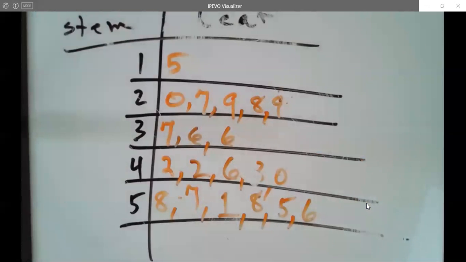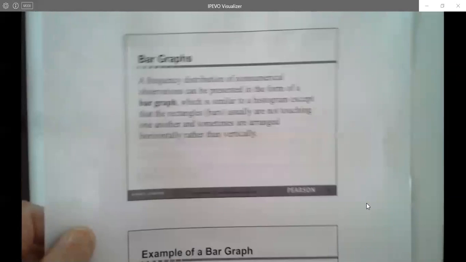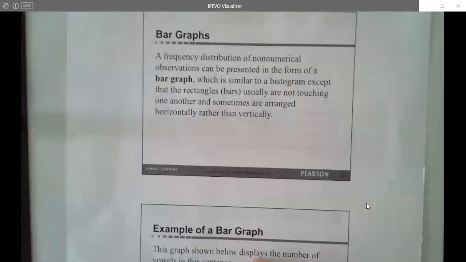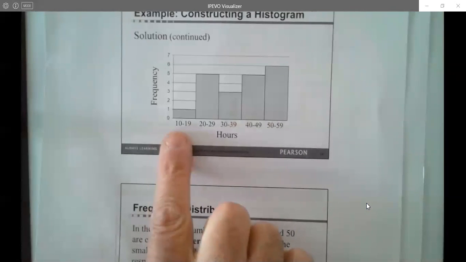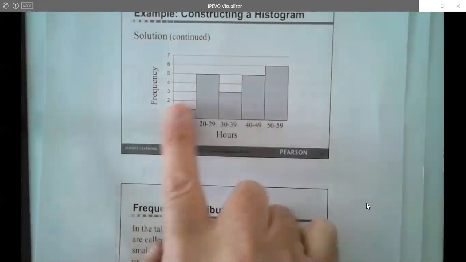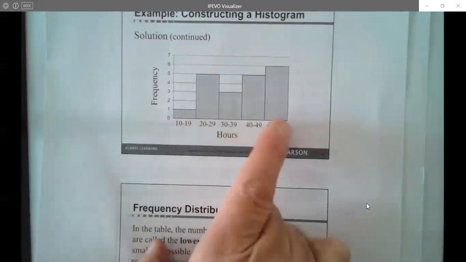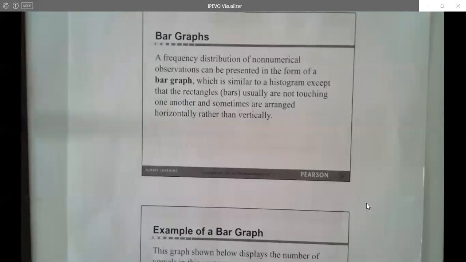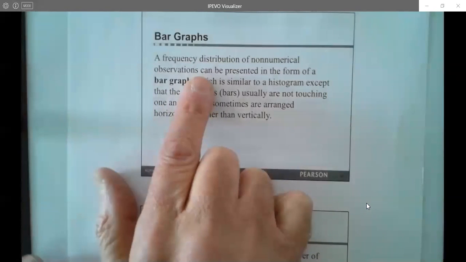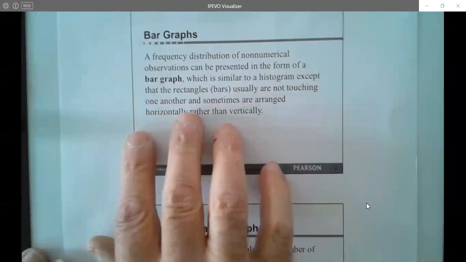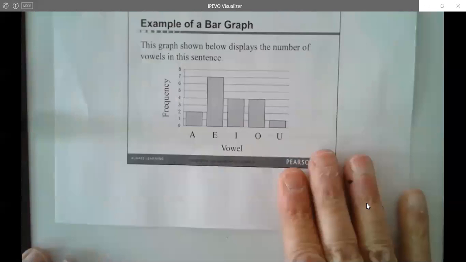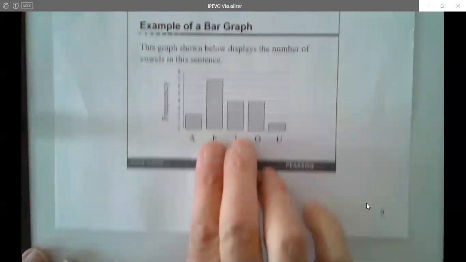All right, with bar graphs. Bar graphs are different than histograms because with histograms, the bars are connected and there are classes. Where one group ends, the next one continues, so it's continuous. But with a bar graph, they're separate, like this. They're not connected.